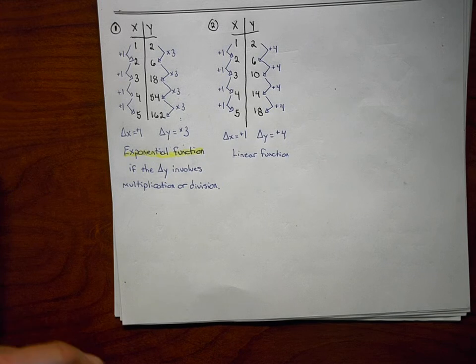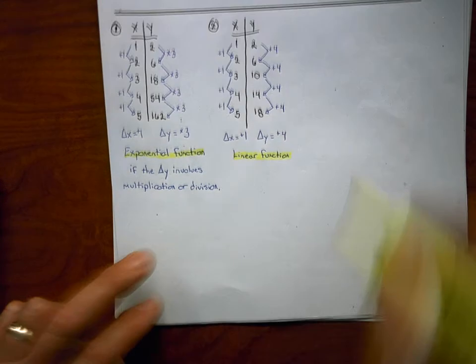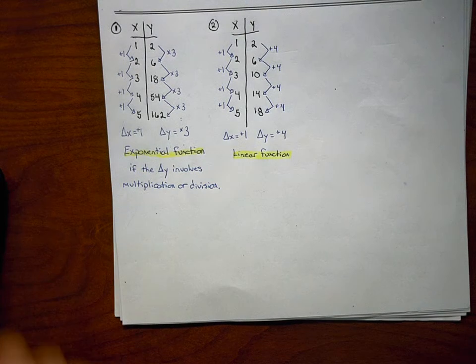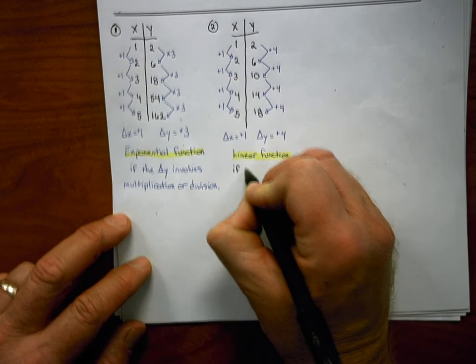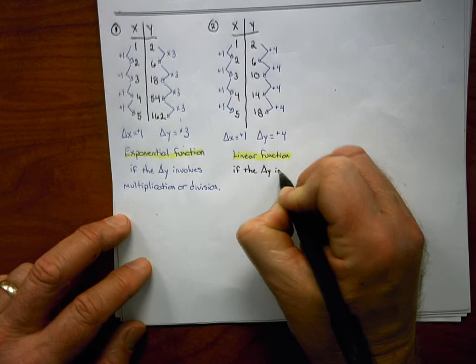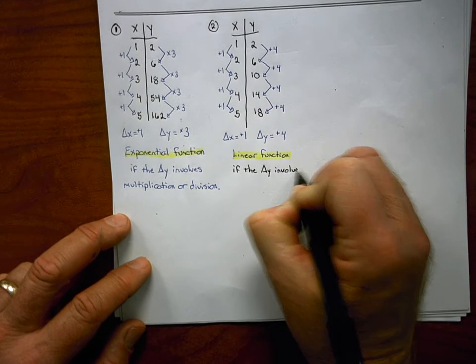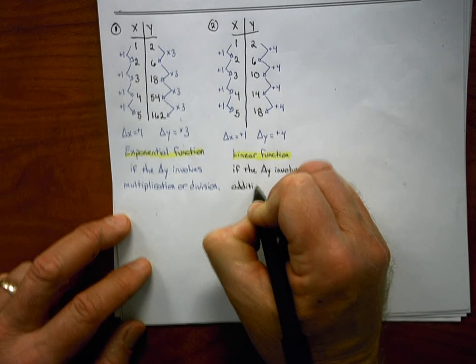So this is a linear function. How do you know? If delta y involves addition or subtraction. So it's linear if the delta y involves addition or subtraction.